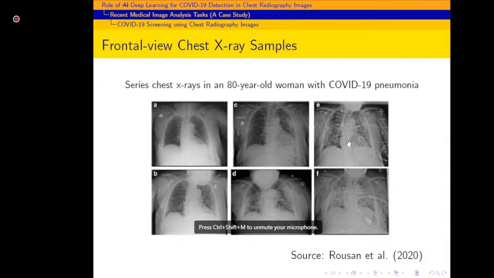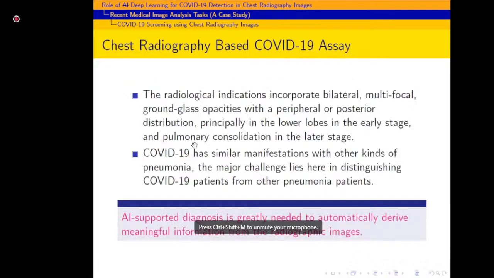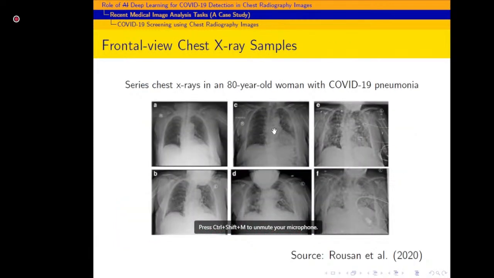You will definitely find some changes in the images. If you look at the white shadow, it is called ground glass opacities, the term which they use, and there is also something called pulmonary consolidations.